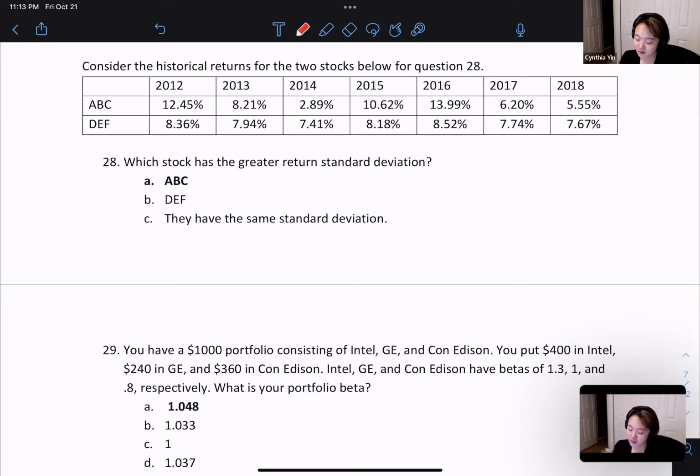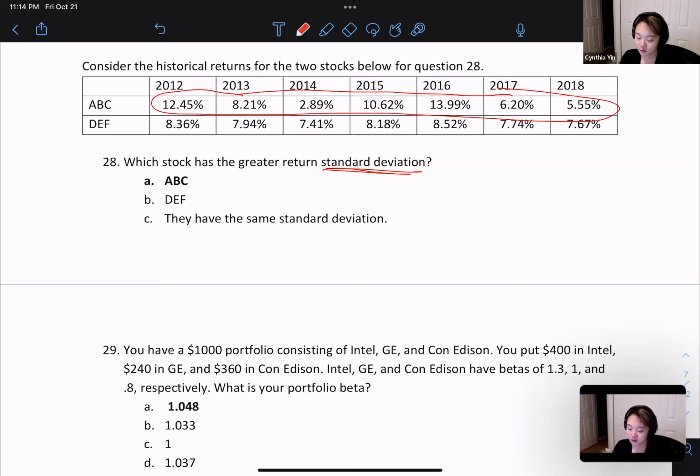So it's just testing if you understand what standard deviation is. It's just about which return moves around more, like has more volatility. And I don't even need to calculate, but I'm pretty sure I'm right. A is much more volatile.